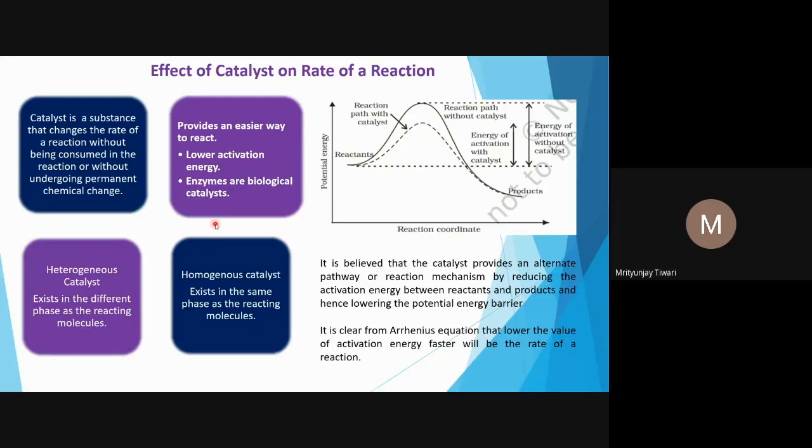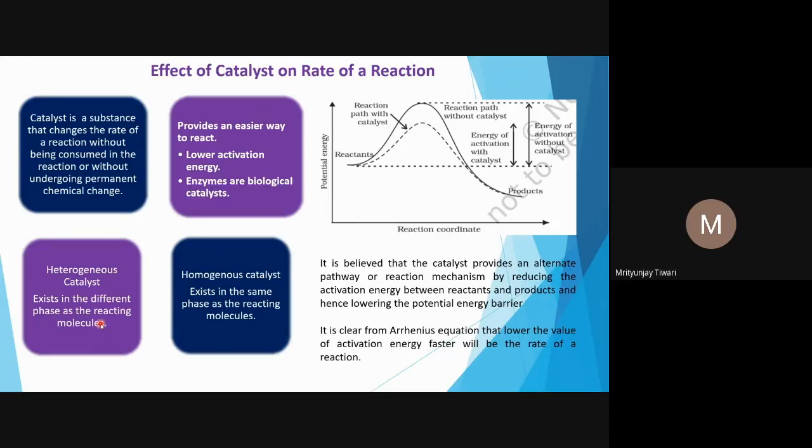Now, there are two forms of catalyst that we talk about, the heterogeneous catalyst and the homogeneous catalyst. The heterogeneous catalyst exists in the same phase as the reacting molecules. So the physical state of the catalyst will be same as that of the reacting molecules. Sorry, in heterogeneous catalyst, it will be different.